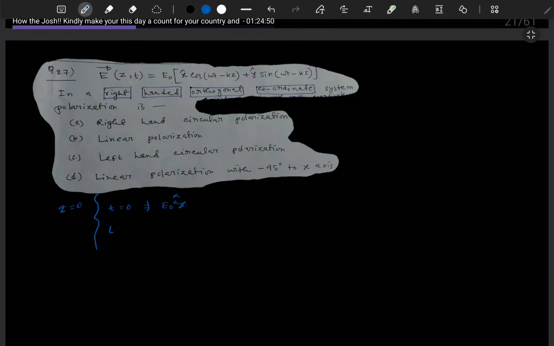For t equal to T by 4, which is similar to pi by 2, it will be E naught a y cap.